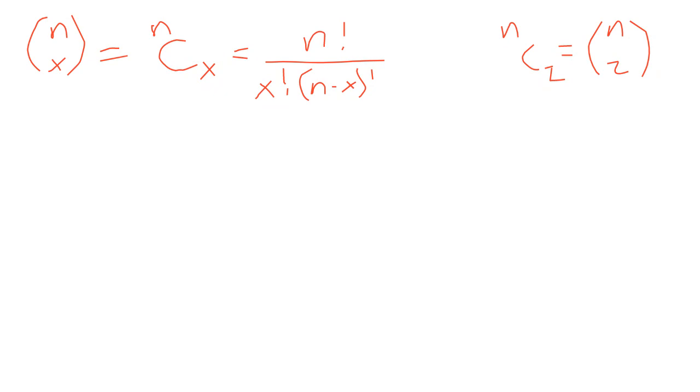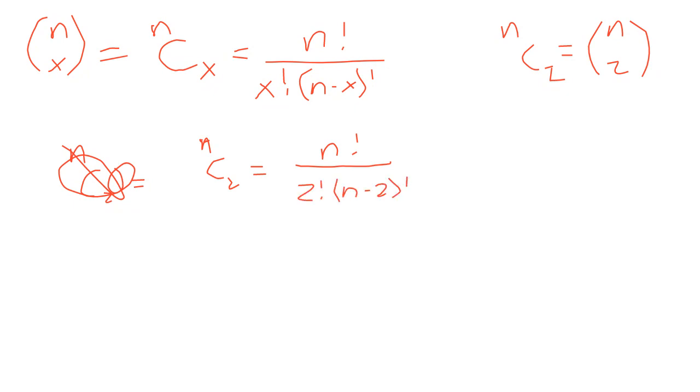Because we were doing N choose 2, NC2, it would have been N factorial over 2 factorial times N minus 2 factorial.